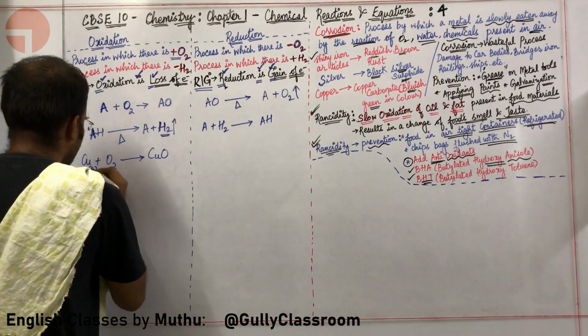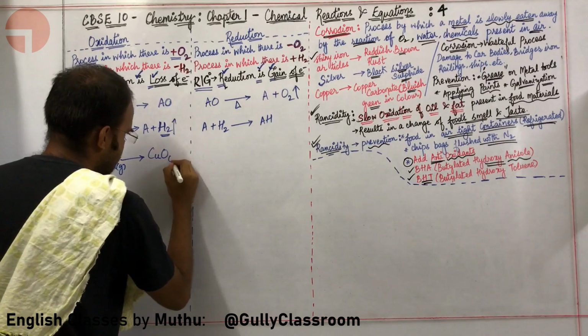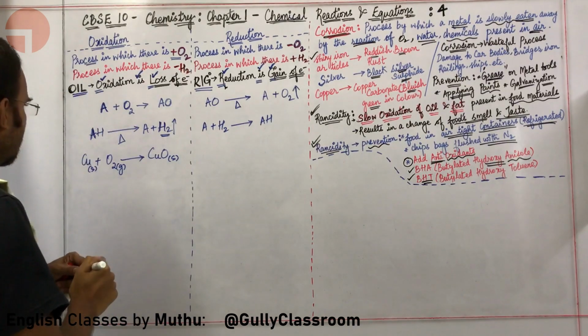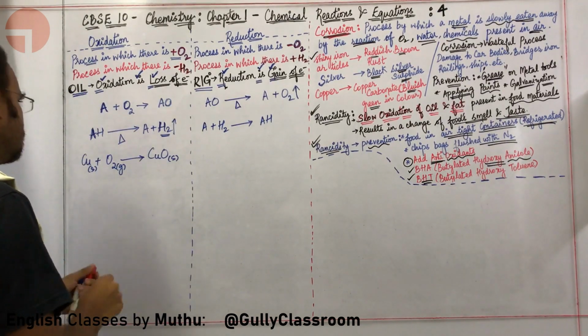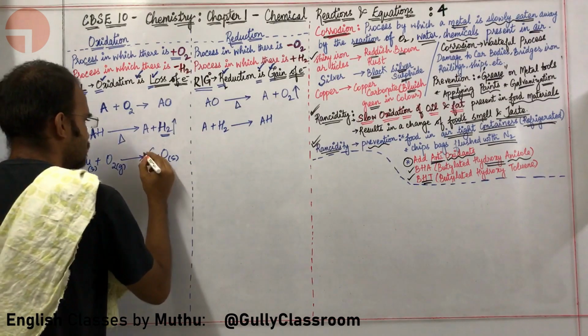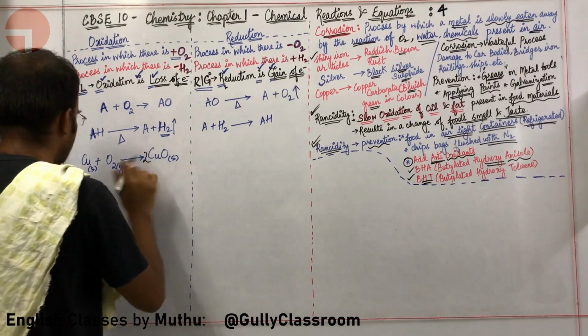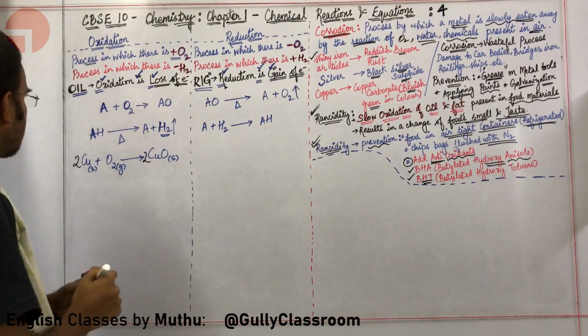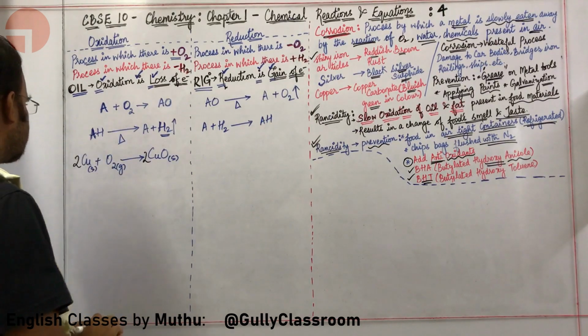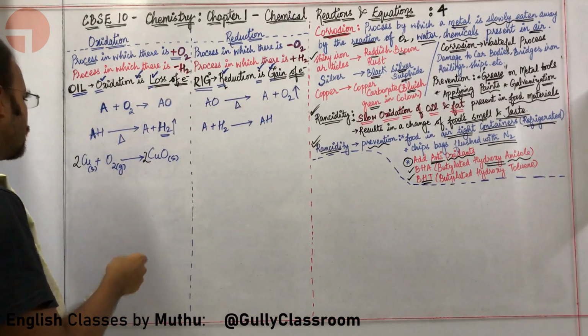Here, this is going to be a solid. This is going to be a gas. This is once more going to be a solid. Let us balance this equation. Here there are 2 oxygen, I am going to put a 2 here. Here there are 2 copper, I am going to put a 2 here. This equation is balanced. This is an oxidation reaction. Why, sir?